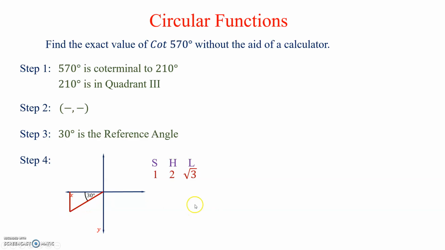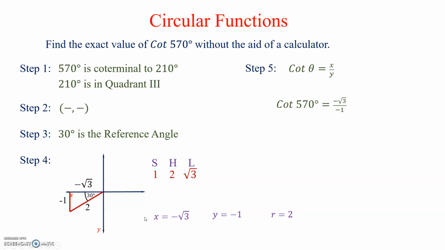But because we're in the third quadrant, negative 1, negative radical 3, and 2. So we now have the three values for x, y, and r, so we can answer the question. Cotangent of 570 is x over y. Substituting those values, there's our final answer.